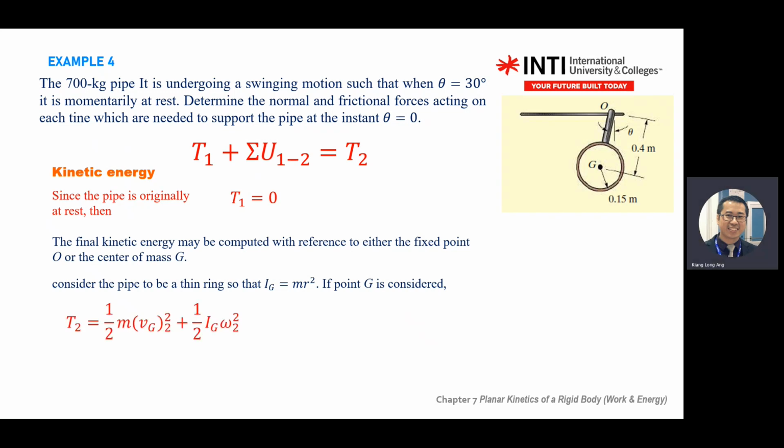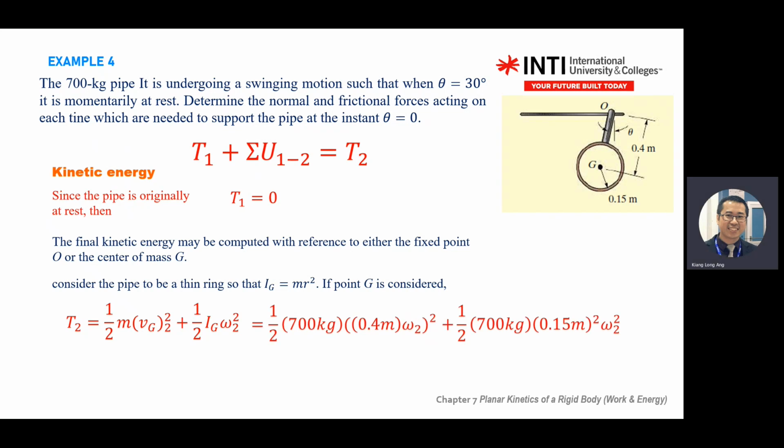So T2 equals half mv square because of the speed of gravity, plus half I omega square. The first is due to the mass, the second is due to the moment of inertia. For a rigid body, you need to consider the mass and the moment of inertia.